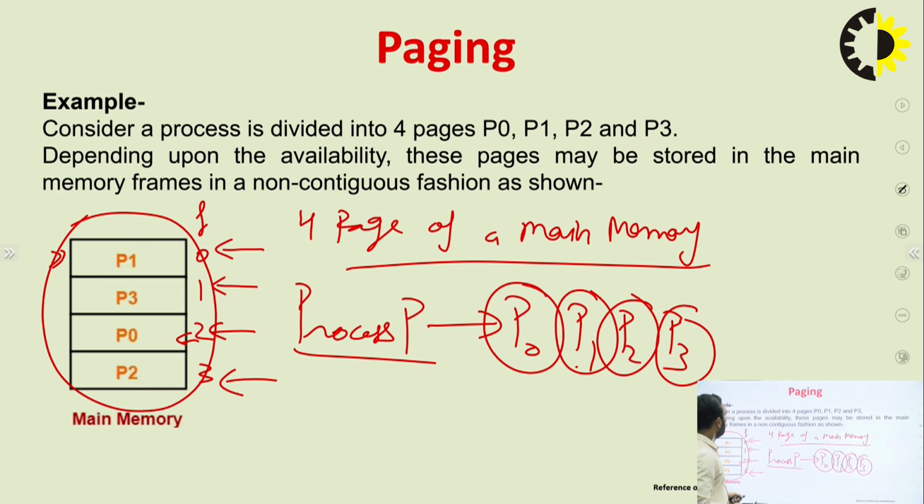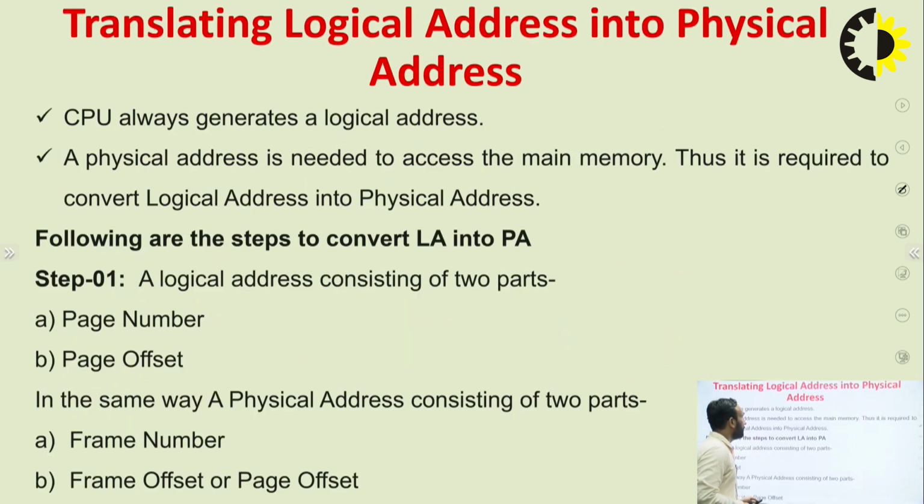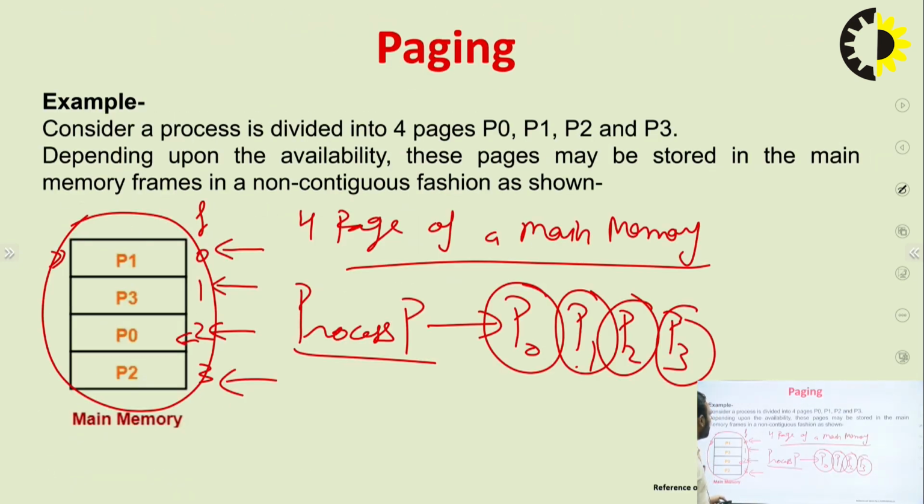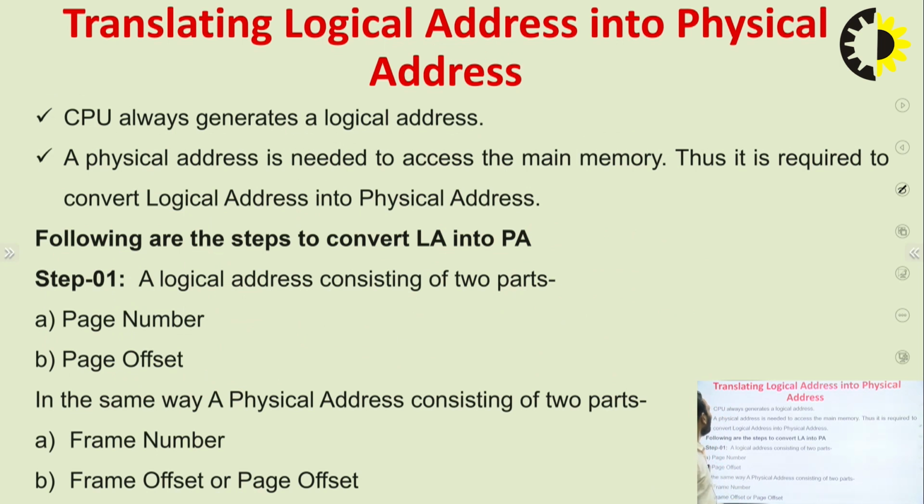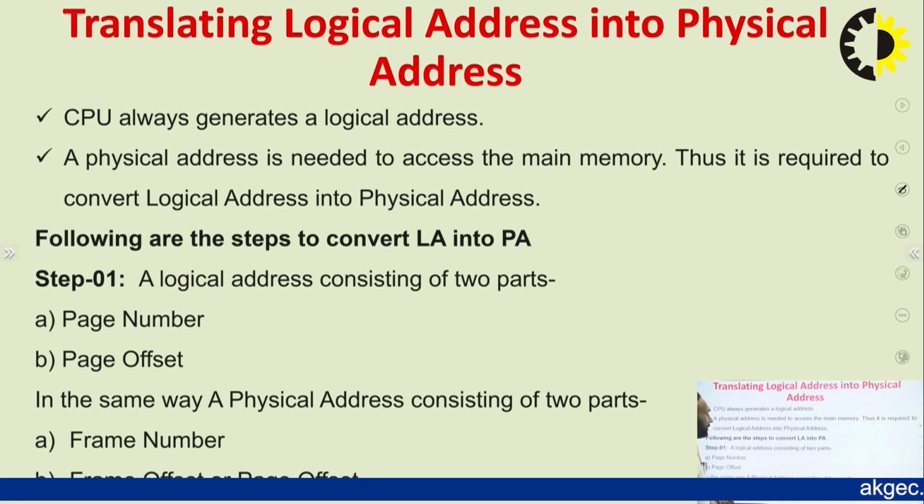Now, before going to a detailed example, we should know the terminologies or terms which are used in a numerical. Generally 2 terms are used, as we require the conversion of addresses: one term is logical address and the second term is physical address.